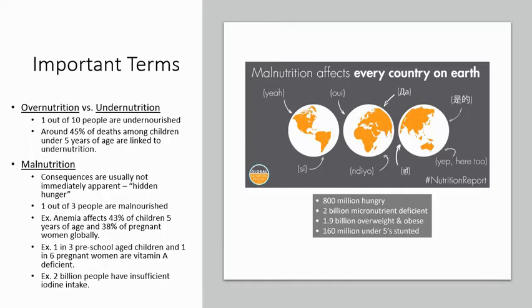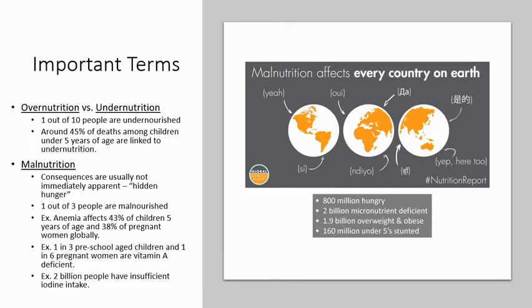Now, malnutrition can actually be coupled with both overnutrition and undernutrition, or can be its own thing. So malnutrition means that somebody isn't getting the correct amount of nutrients or types of nutrients. So you can think of it as them having an unbalanced diet where they're not getting all of both the micronutrients and macronutrients that they need.